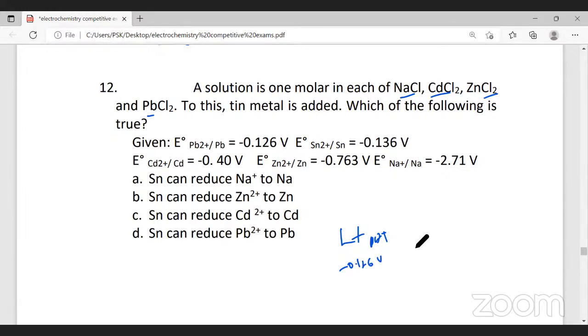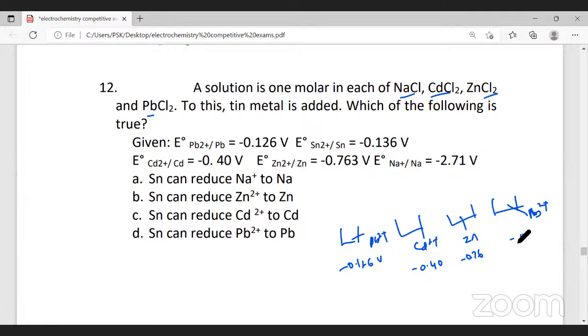And we have cadmium ions, with potential minus 0.40. And then we have zinc electrode, with electrode potential minus 0.76. And lead ions.